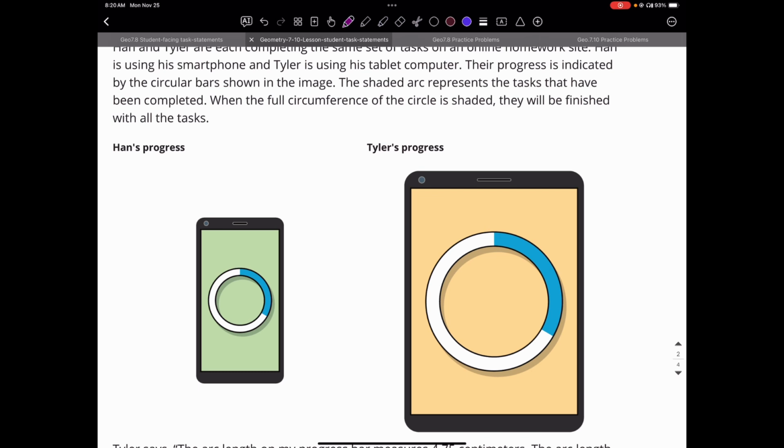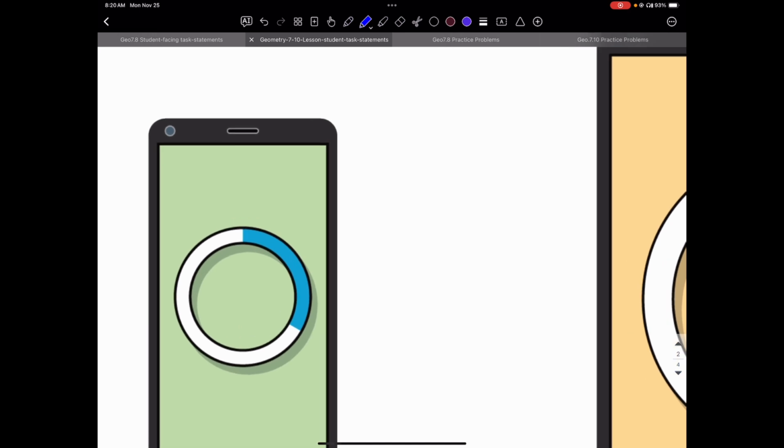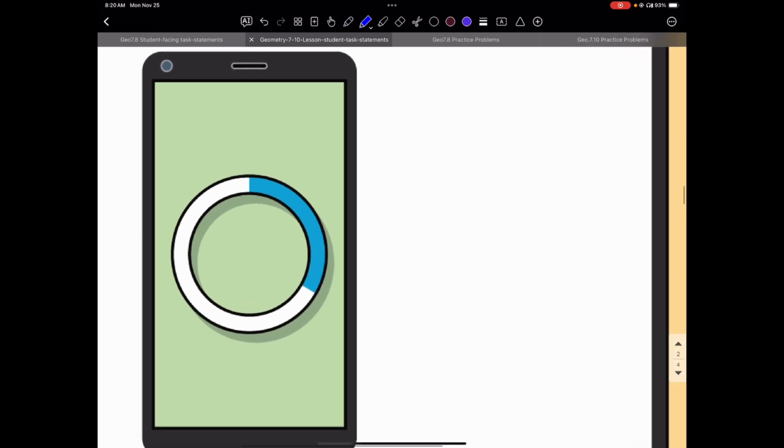If you think of it as a clock, what if we did think of it as a clock? Let's say this is 12 o'clock. Over here would be somewhere around 4 o'clock, right? So that looks like they've gone from 12 to 4, basically about 1/3 of the way, right?